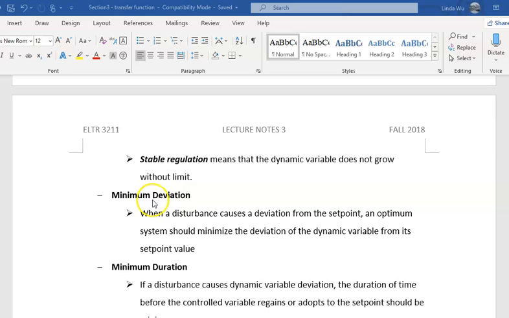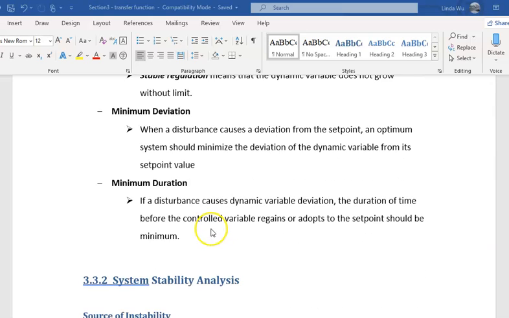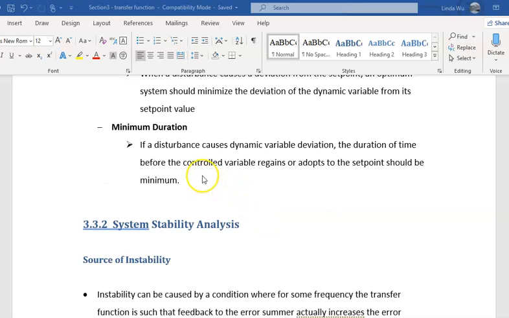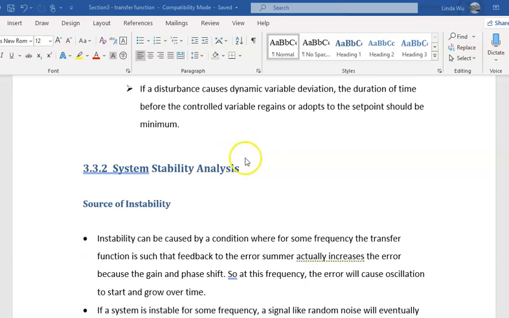So we want the minimum deviation of the stable value from its set point value. Minimum duration is the time period of the disturbance-caused dynamic variable deviation, and we want to keep this time period to a minimum, as short as possible.